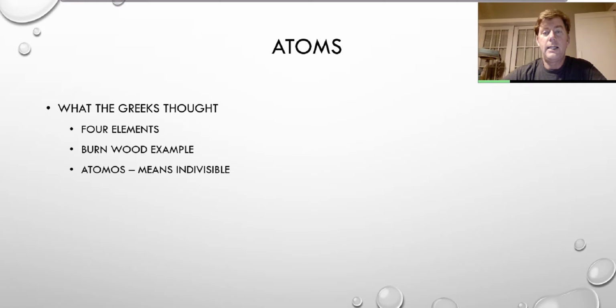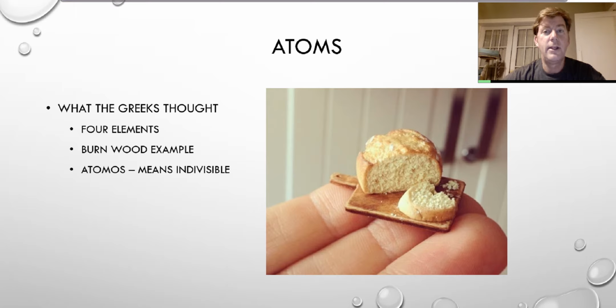So they did come up with an important idea of the atom, and it comes from the word atomos, which means indivisible. So when you think about something like bread, if you had a small piece of bread and you take that little piece of bread and then you break it up into a tinier piece, and you keep breaking the little piece of bread up, and it's smaller and smaller and smaller, and then you get down, it's like, well, how far can I do that?